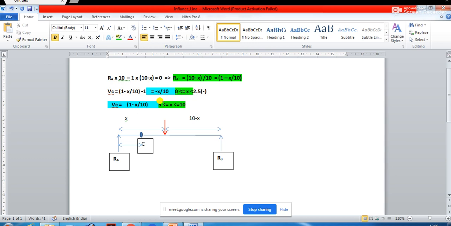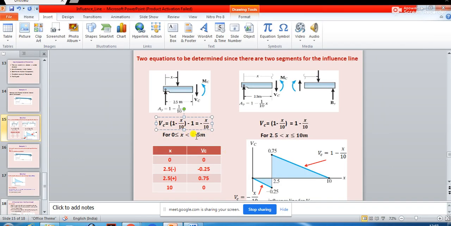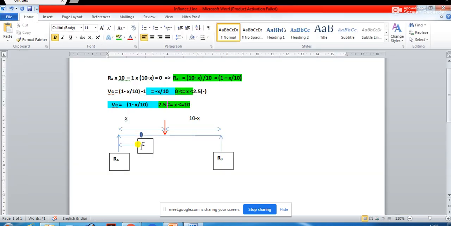It will be 2.5, right? Limits are changing. From here to here, the distance is 2.5, so the limit will be 2.5. Up to just left of 2.5 meter, this equation of shear force will be valid, and beyond 2.5 meter, this equation of shear force will be valid.